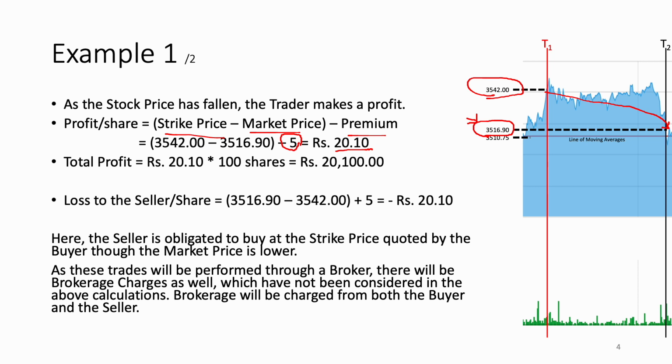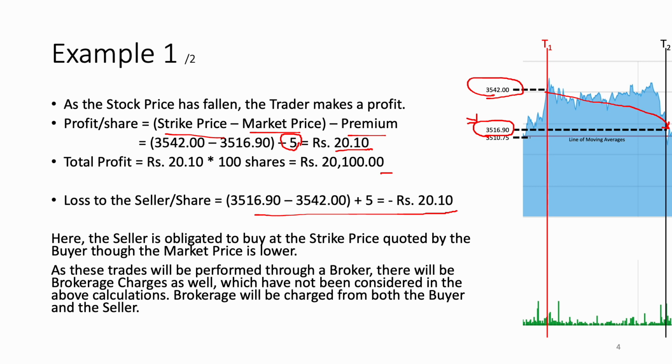Since the buyer has made a profit of 20,100 rupees, the seller will have a similar loss. If you see the calculation on the seller's side, the seller is making a loss of 20 rupees 10 paise per share. So that will result in a 20,100 rupees loss for the lot that was traded in this particular put option.